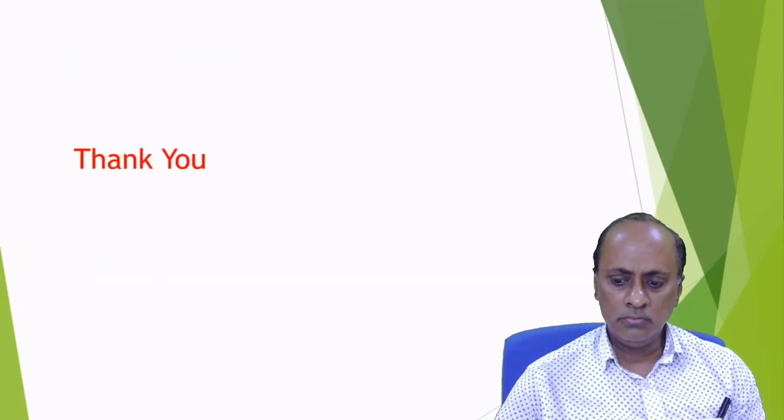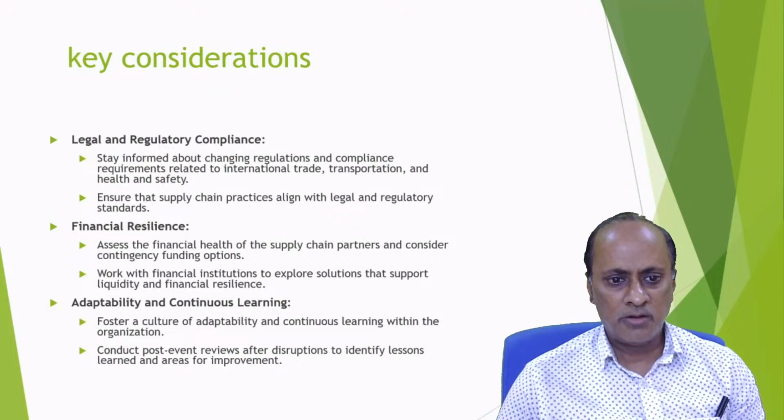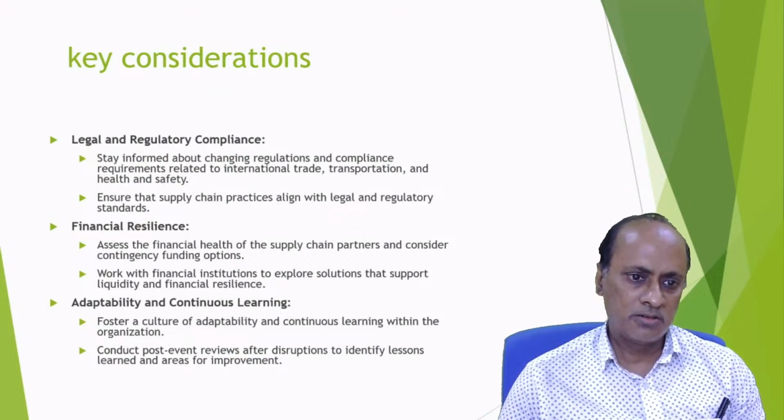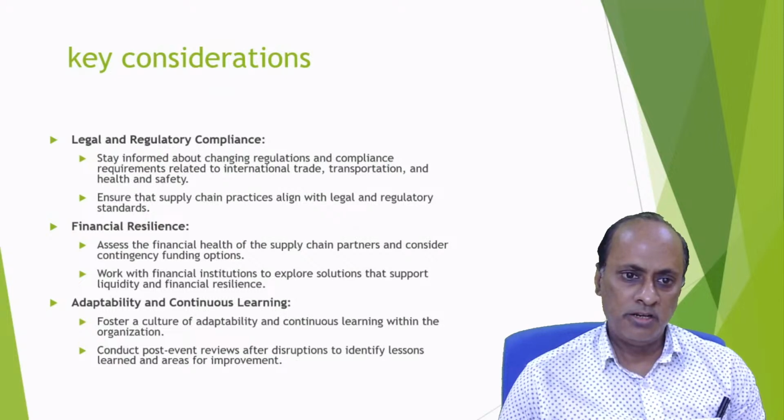So legal and regulatory compliance, financial resilience and adaptability, and continuous learning are the important key considerations in a period like the one we faced in COVID-19 in 2019 and 20.